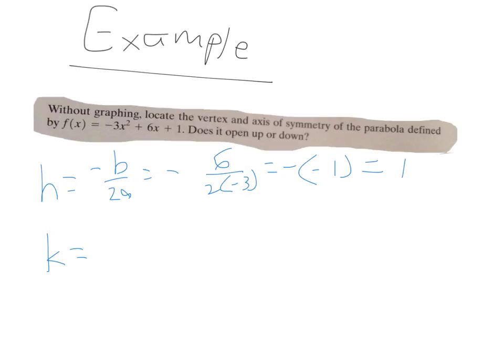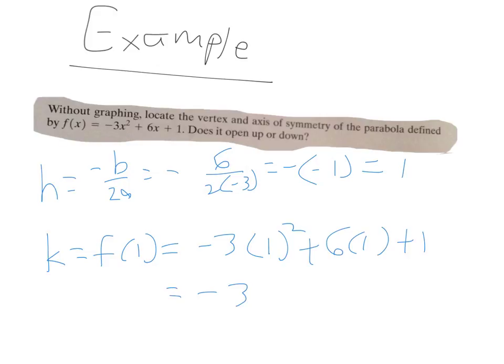And our k would be f of 1, which would be negative 3 times 1 squared plus 6 times 1 plus 1, which would be negative 3 plus 6 plus 1, which is 4. So the vertex is the point (1, 4).